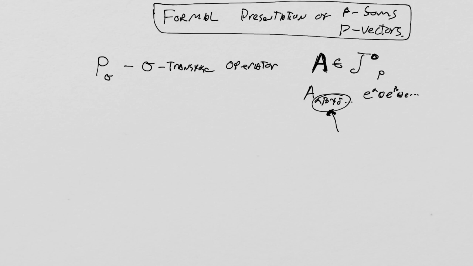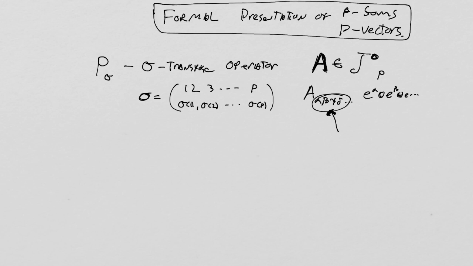The way this works is we start with sigma being a permutation. So sigma is a permutation. A permutation will take, say, p objects and give you back the same p objects in some permuted order. And this is one way of writing it.